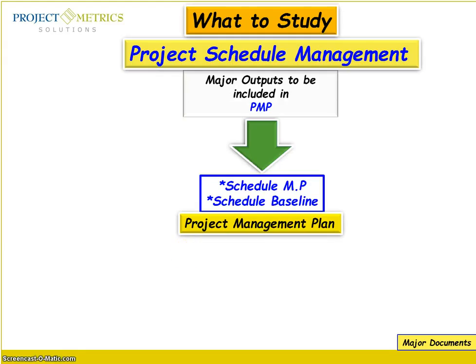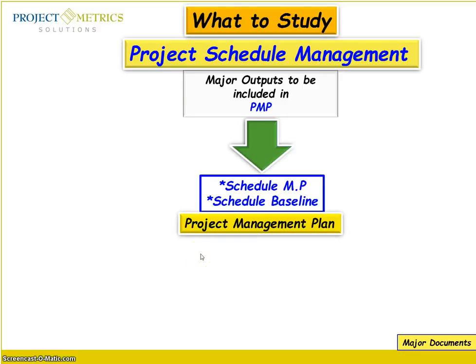What are the major outputs from your project schedule management that will be included in the PMP? You have to talk about the schedule management plan and the schedule baseline, which are part of the project management plan.